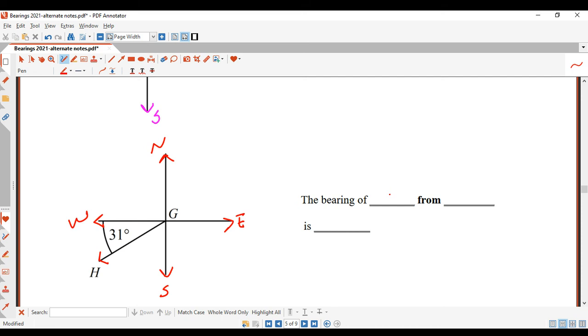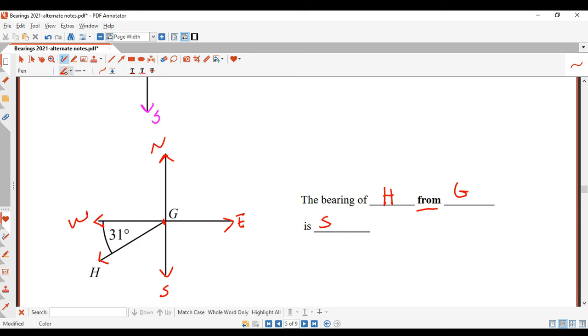So the bearing of H from G. Now, if you're wondering where you put the letters, the compass centers at G, so that means the direction is from G. Now, this new way of doing it. First of all, we're going to say whether H is north or south of G. Well, clearly H is south of G, isn't it? So I'm going to write down south.